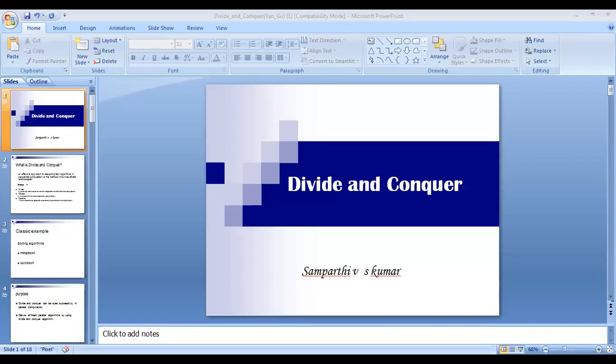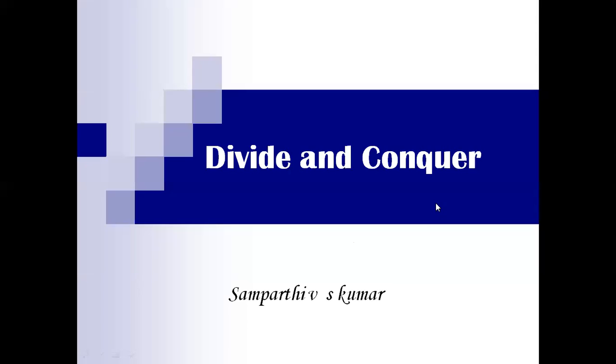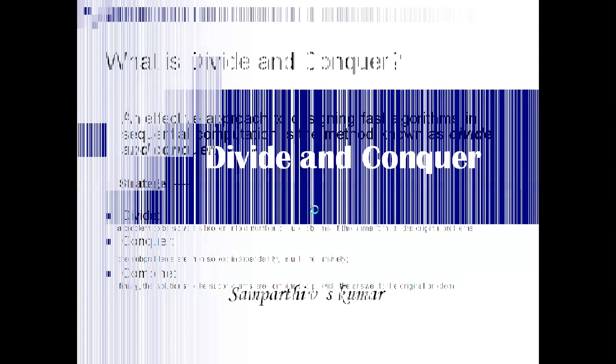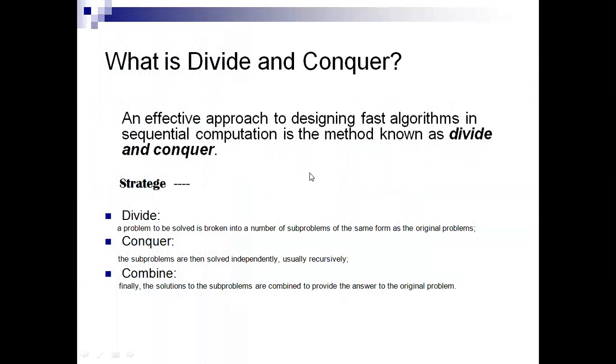This is our second unit, divide and conquer. The name indicates that we divide the algorithm into subparts and then conquer. Divide and conquer is an efficient approach for fast algorithms in sequential computation.